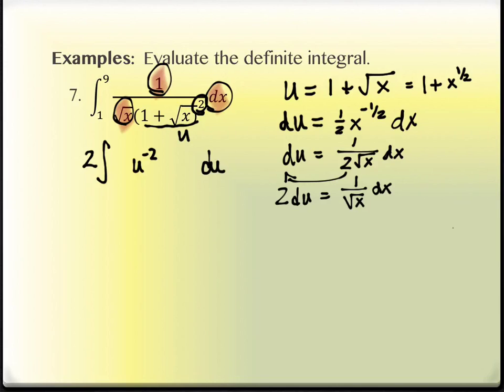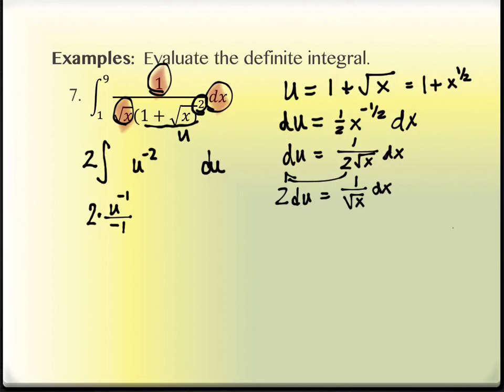What is the antiderivative of u to the -2? Negative 1 over u. So u to the -1 over -1, right? I still have the 2 in front, and I would have a plus c at the end. I don't actually need the plus c because eventually I am going to plug in a 9 and a 1. Is this okay?